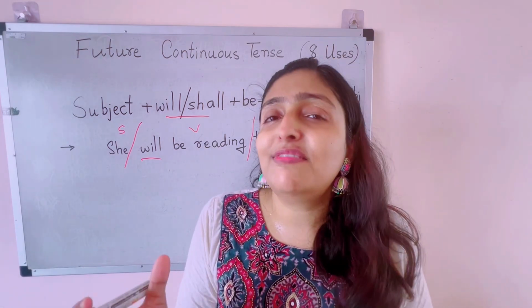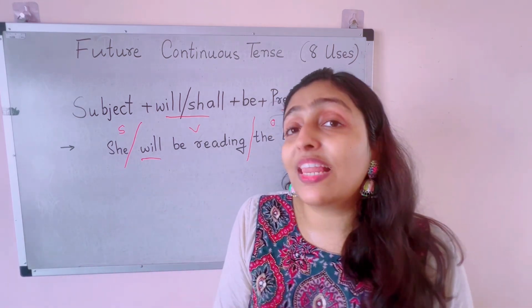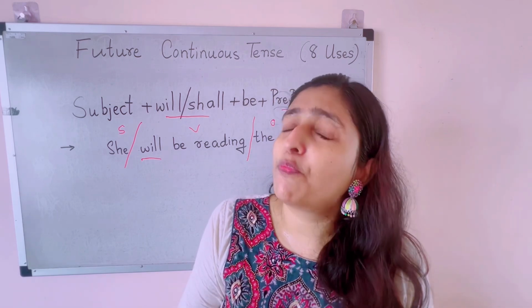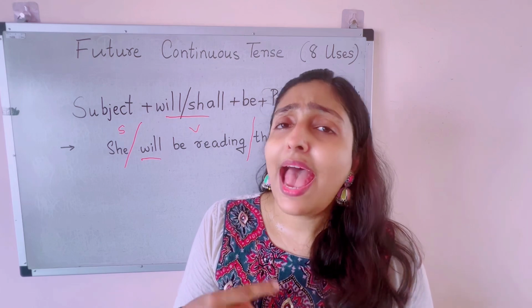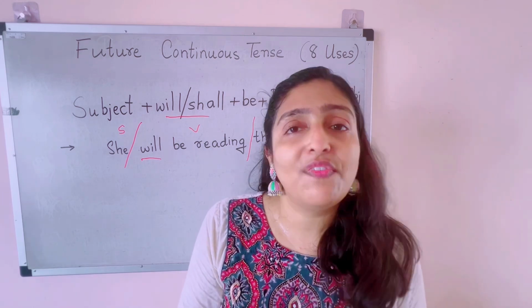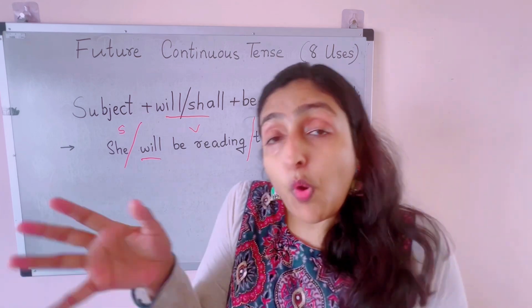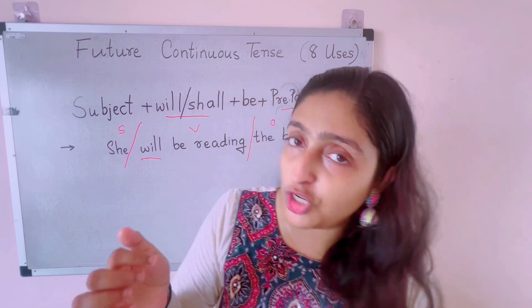A minor description on the difference between will and shall has also been explained by me in my previous session on simple future tense. As mentioned earlier, the link is given in the description. You may check it out for yourself. Okay, now let's move on to the uses or functions of future continuous.